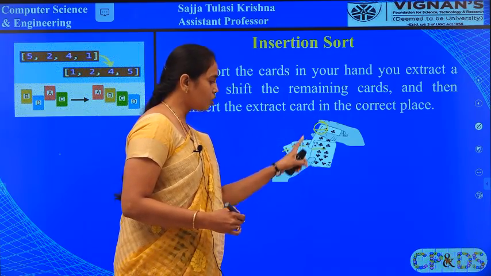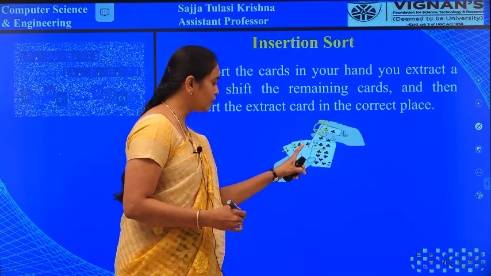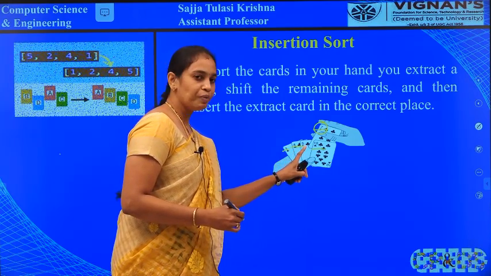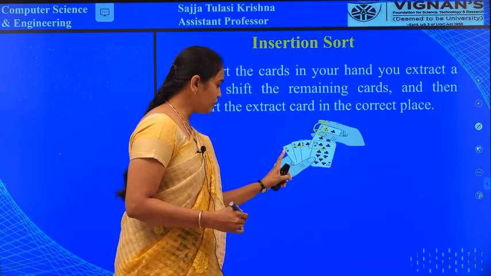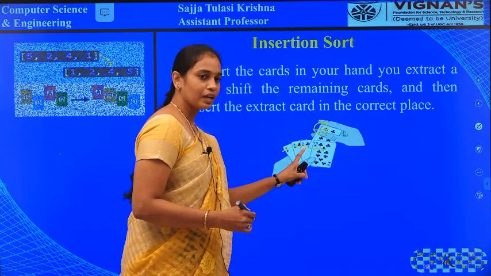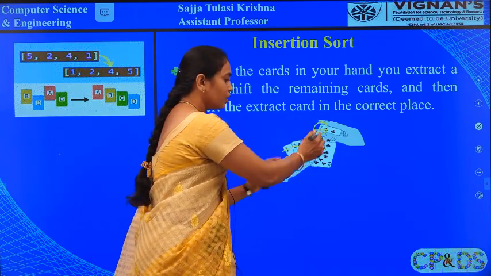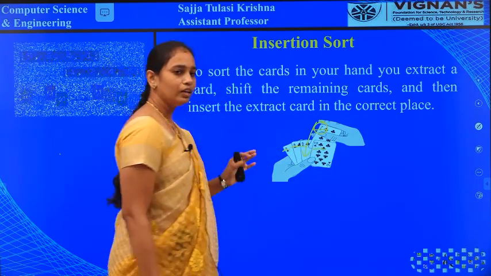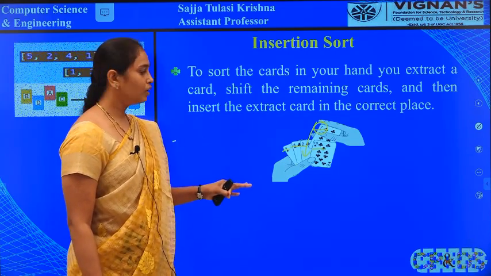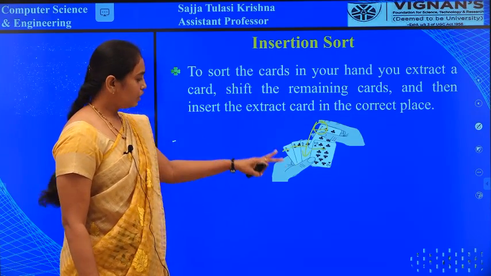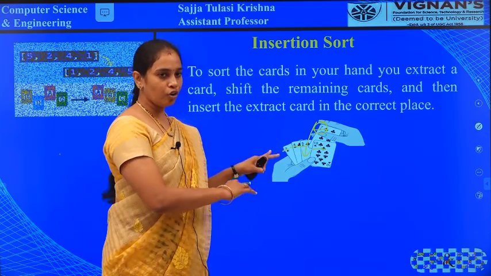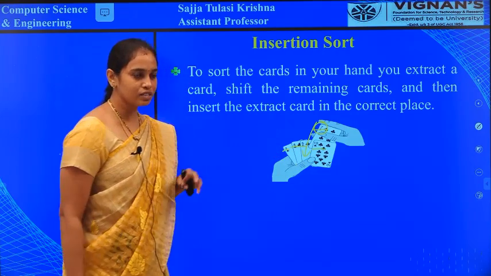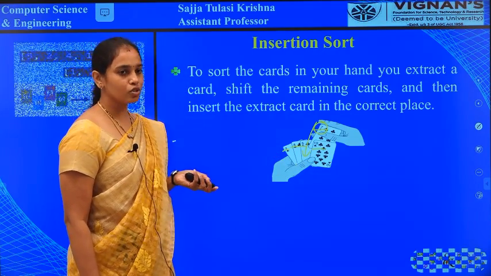How does it get inserted in its right position? It is compared with all the previous elements, which are 2, 4, 5, and then it is inserted in its proper position. This idea is borrowed and used in insertion sort.